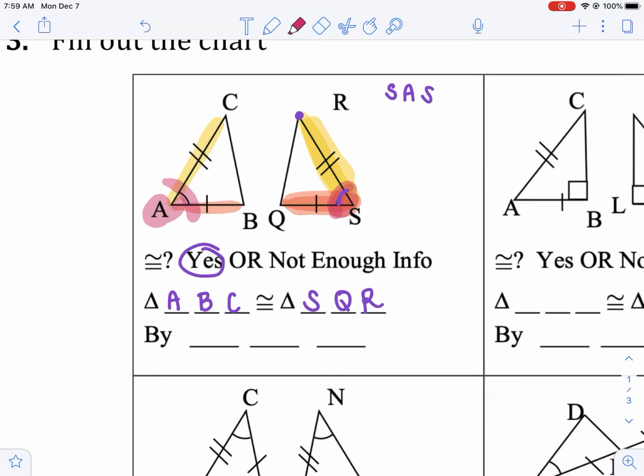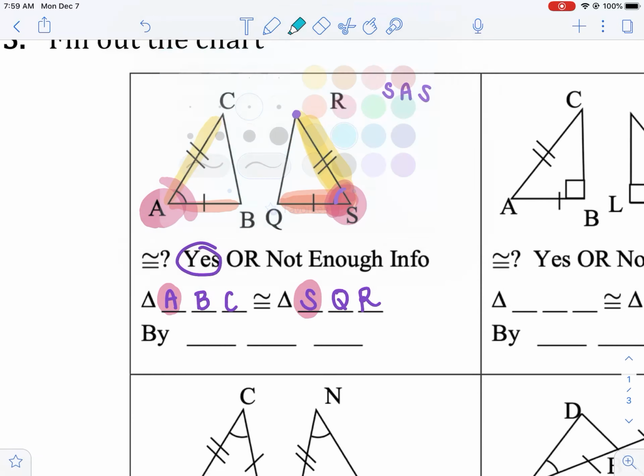The angle A is congruent to angle S, those should be in the same spot. And if I'm going along this side to get to B, then I need to go along that congruent side to get to Q. So these should be corresponding parts, and we know this by using the side angle side postulate.